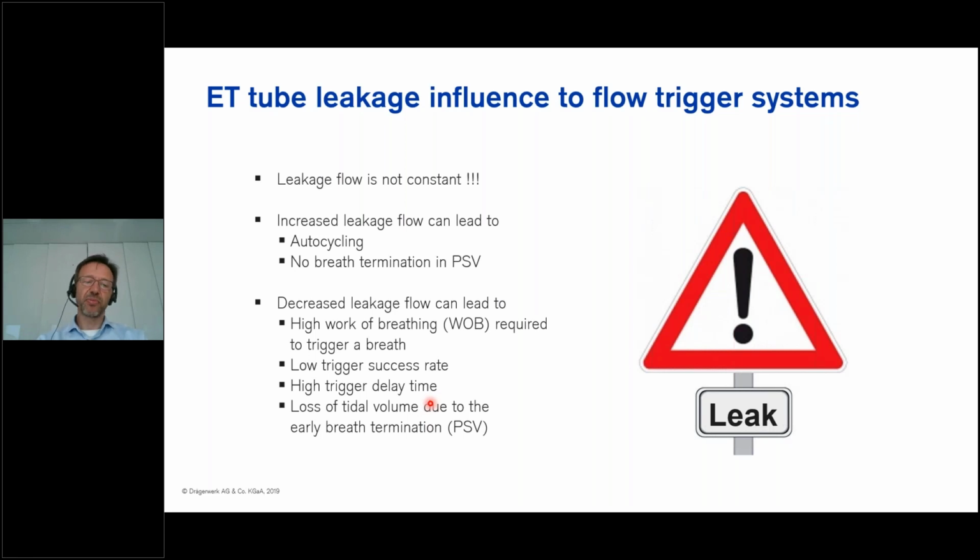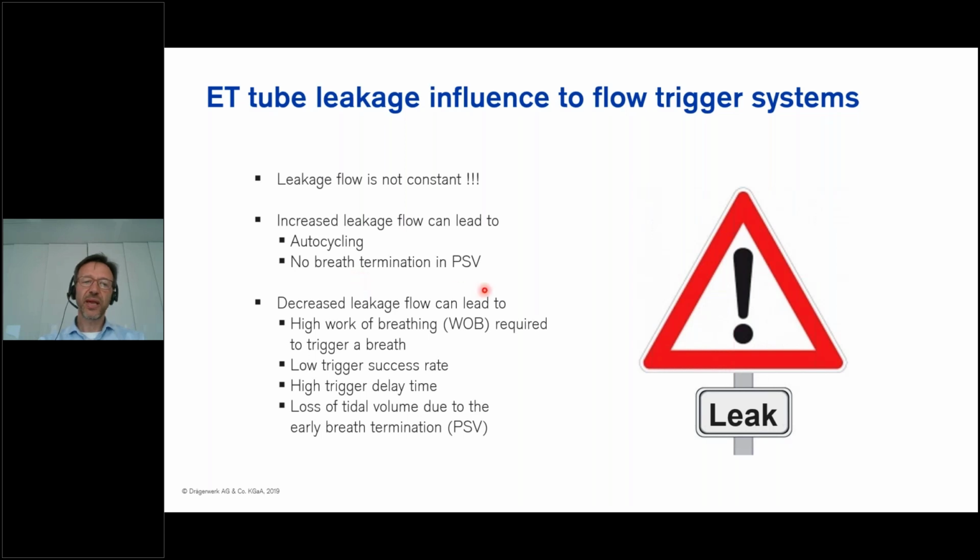But this is a problem because we are using the flow to trigger the ventilator and, in pressure support for example, to detect the end of an inspiration. So increased leakage flow can lead to autocycling or to no breath termination.